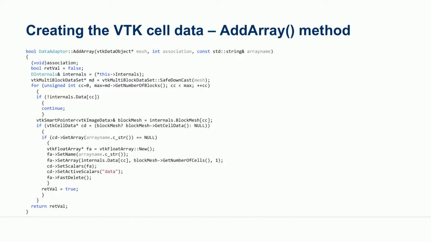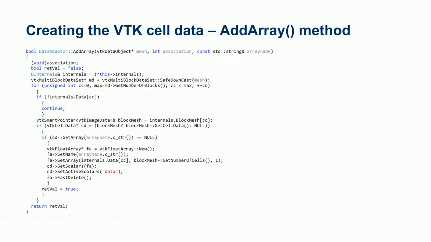In the 90s, not all compilers did dynamic cast correctly. So this is really ancient cruft in VTK. You can replace this with a dynamic cast to a vtkMultiBlockDataSet star. So this is a dynamic cast to get the VTK data object into the multi-block dataset type.